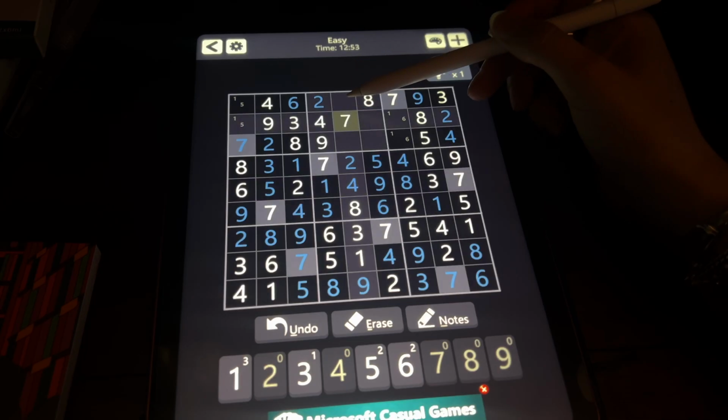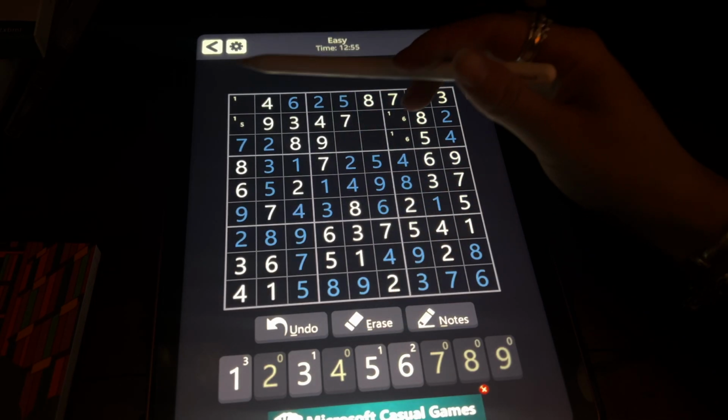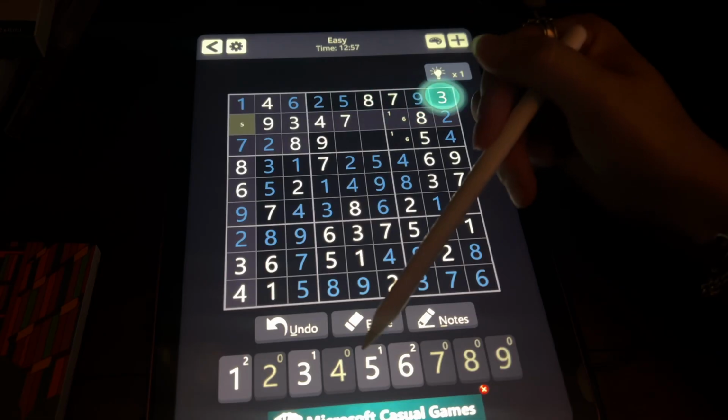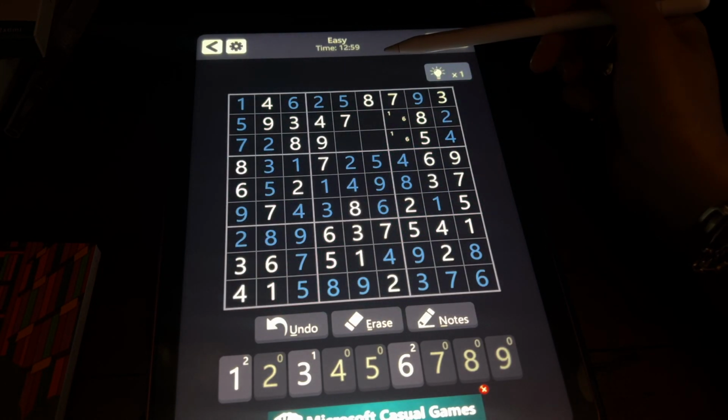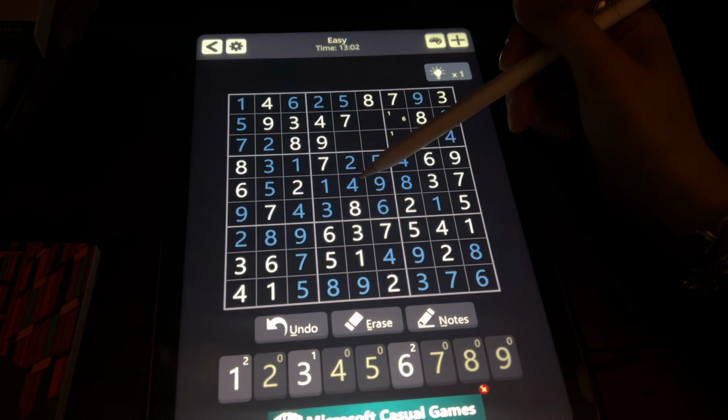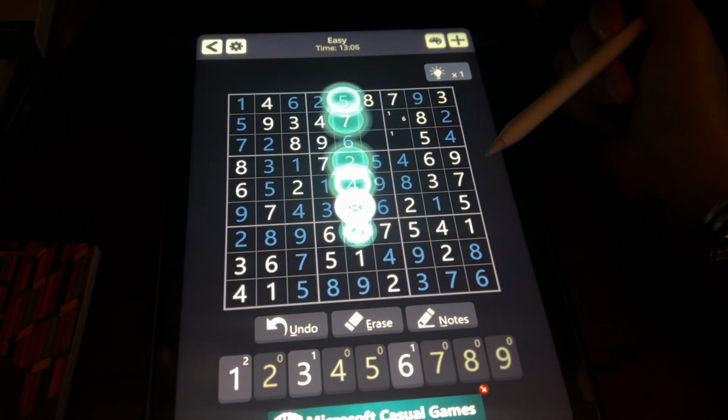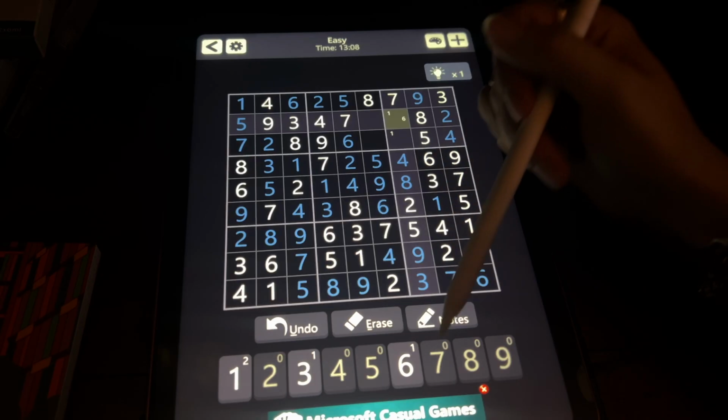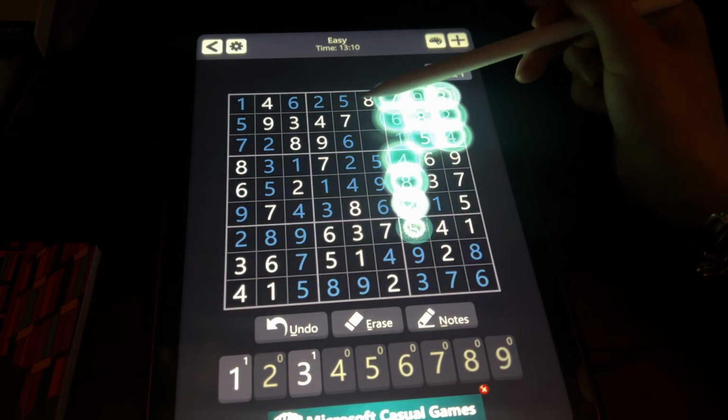We need a 5. So that 5 goes there, which means that's a 1, which means that's a 5. And the last number we need in here, I think, is a 6. Yep. Which means that's the 6, that's the 1.